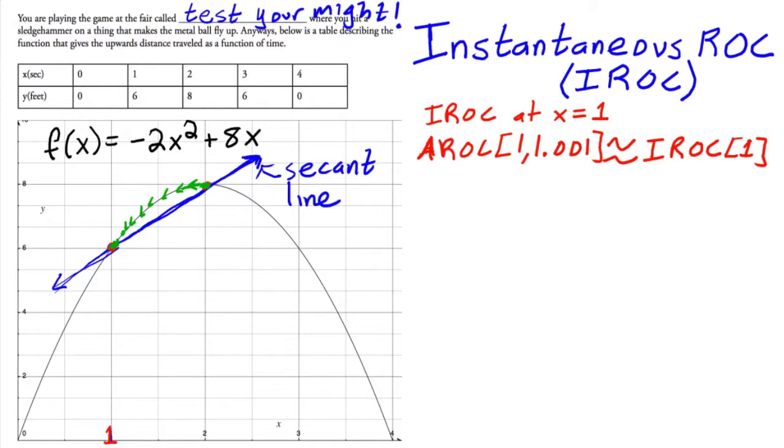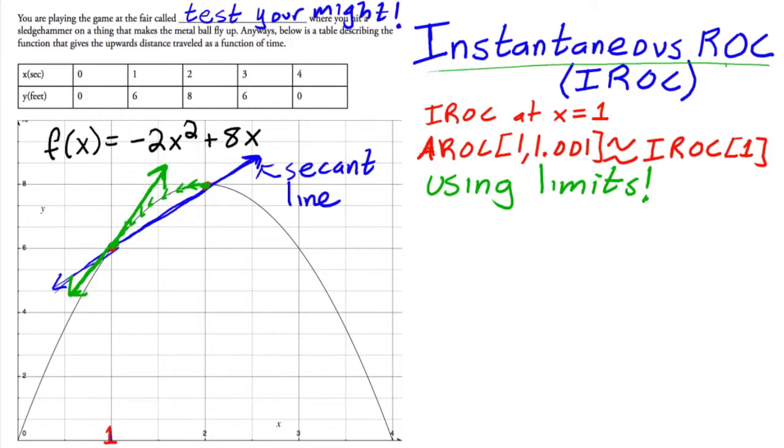Well, what's the only way of describing that? The only way we have of describing something that gets closer and closer without actually touching is using limits. So limits are the key to finding the slope of this tangent line, also called the instantaneous rate of change, and also called the derivative.